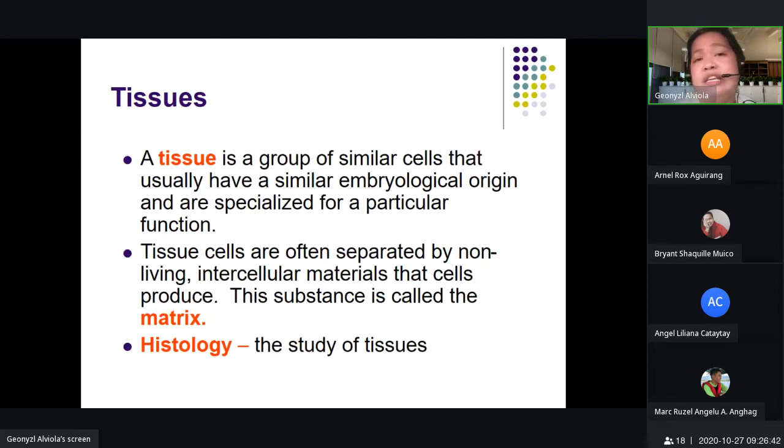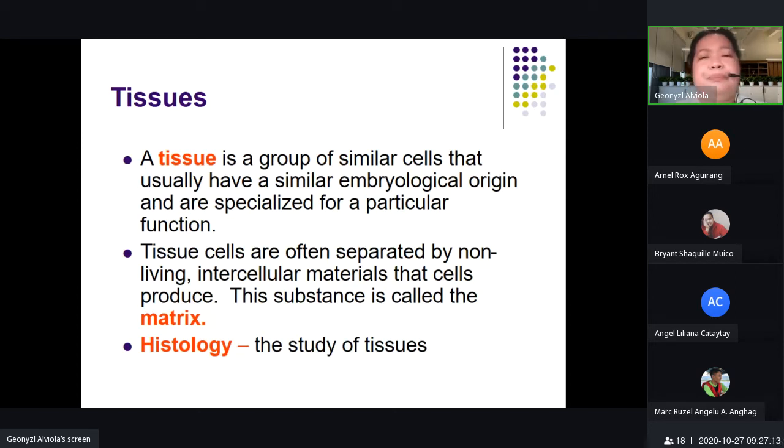So they are ideal for filtration, absorption, and some epithelial cells, when they die out, they harden or become cornified in form. So that is epithelial. Some also in connective tissues, when organic salts are impregnated or deposited in that cell, it hardens. So we have the bone tissue.